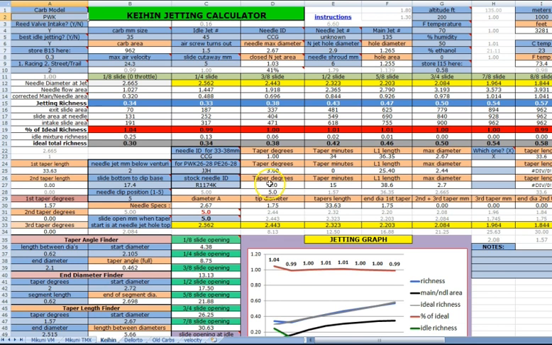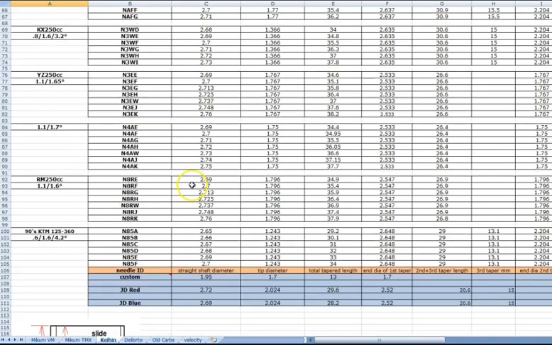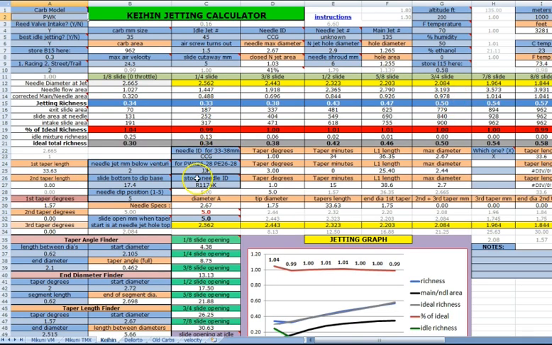So if you use any of these needles or a custom needle, you ignore this right here. So there's four sections, 1, 2, 3, and down there is 4.